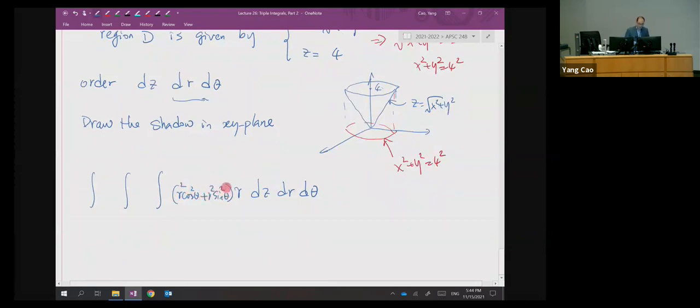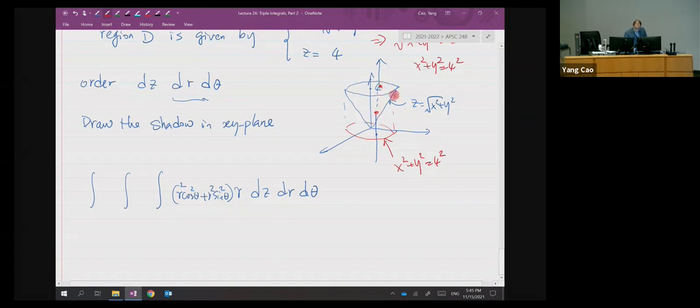Right, so everything is converted to r, theta, z. So last step, find the limits for each one of the cylindrical coordinates. First, find the limits for z. So what do you do? Pick a point within the region, then go up in the positive z-axis direction. First contact gives you z min, second contact gives you the z max.